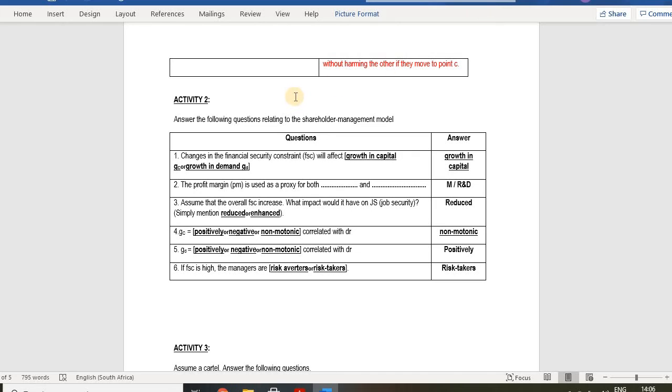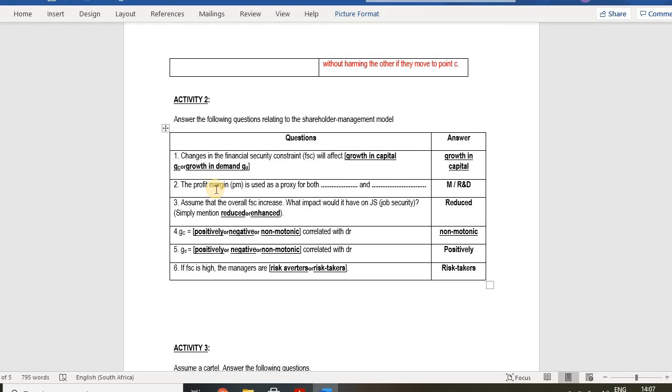Number 1 says changes in the financial security constraint will affect growth in capital, which is denoted by GC, or growth in demand, GD. So the answer is growth in capital. Anything that has to do with the financial security constraint or financial security on its own, it affects the capital.